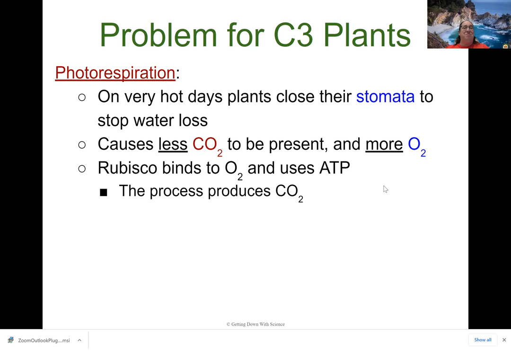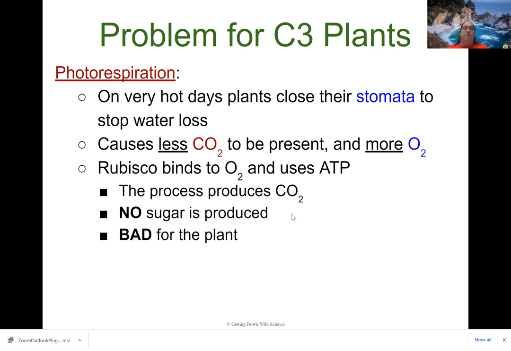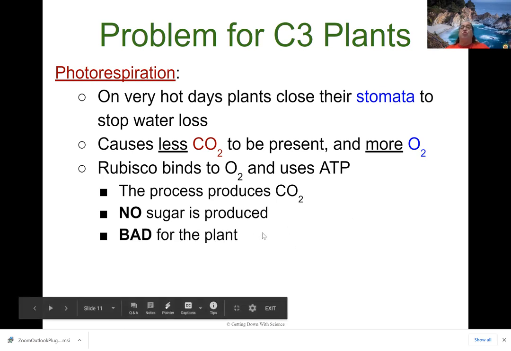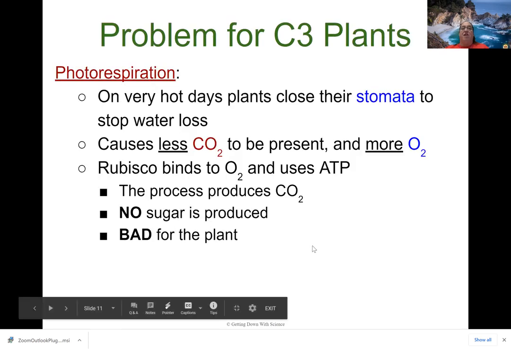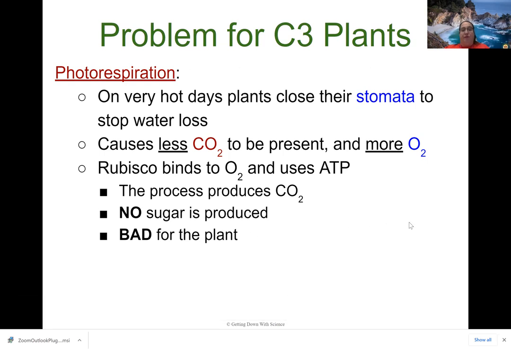So we can take a segment in the carbon cycle, and using a little extra ATP, we can produce the carbon dioxide that we need. The problem is that no sugar will be produced in this process. It's extremely bad for the plant because it needs sugar to live, just like we do.